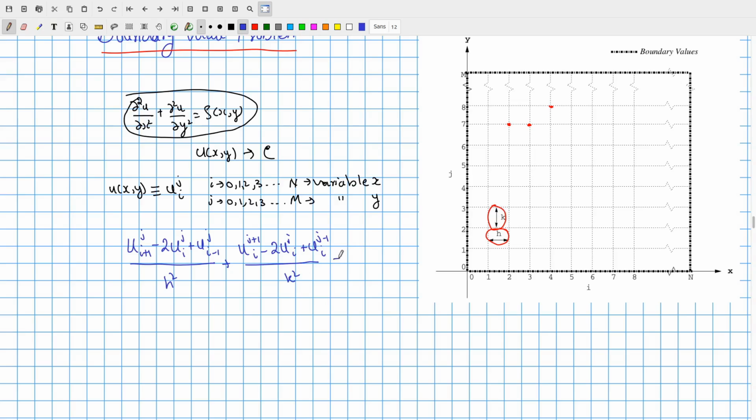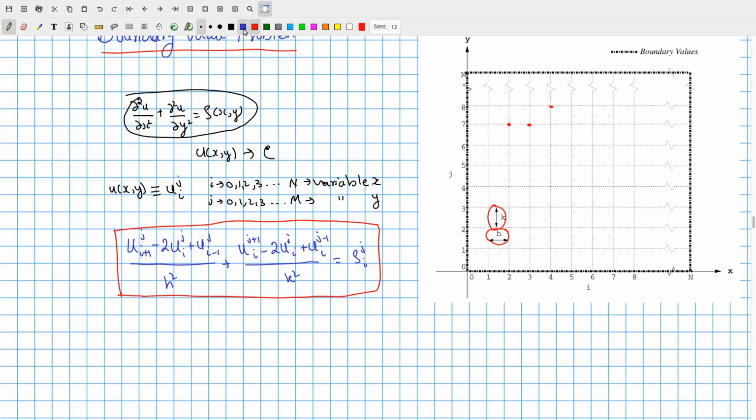And this should be equal to the right hand side, a continuous function rho of x and y. Of course we have to discretize this also, because we know the values of x and y only at the grid points, so this also becomes rho of ij. This is the finite difference equation for the partial differential equation we have considered, that is Poisson's equation.